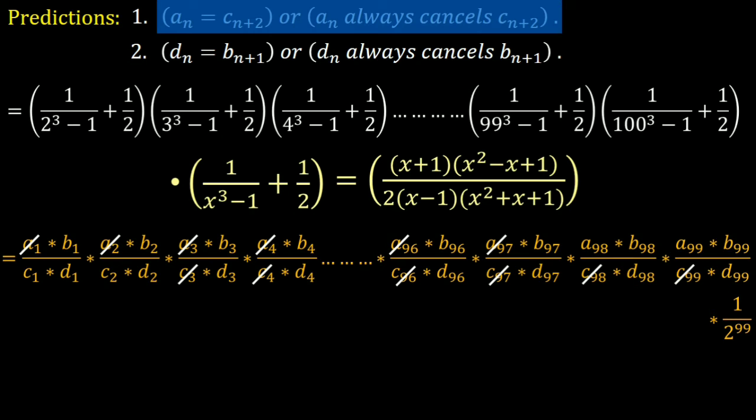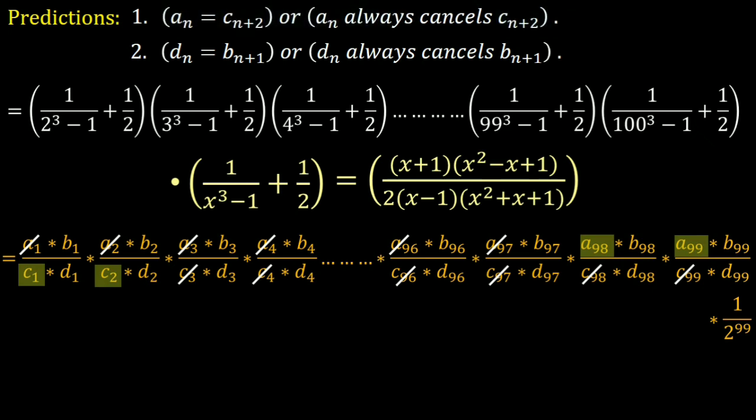But we have a problem with a98 because we don't have c100, and a99 is also not able to cancel because we don't have c101. And this c1 is also not able to cancel because we don't have a minus 1, and c2 is also not able to cancel because we don't have an a0 term.